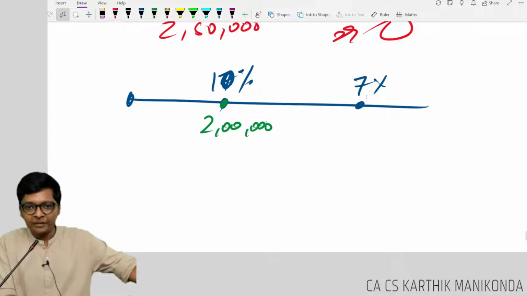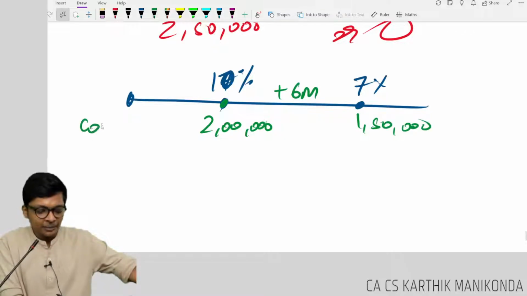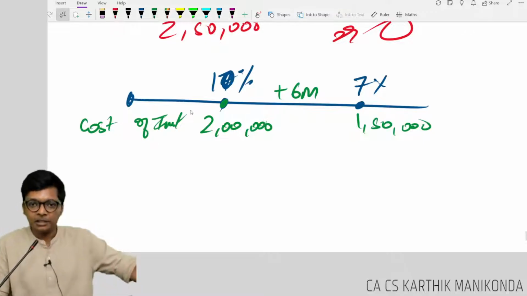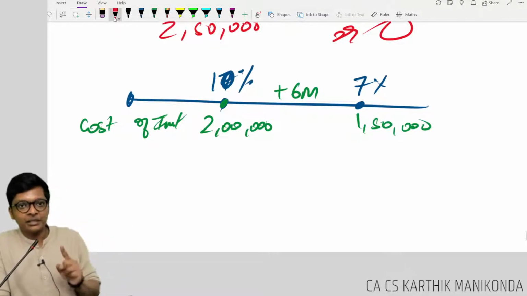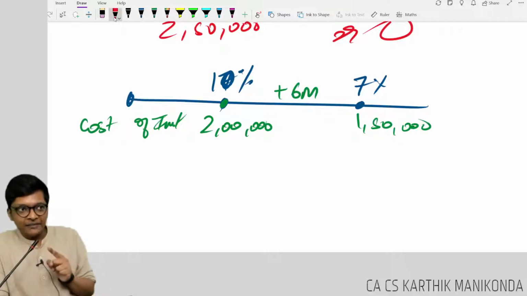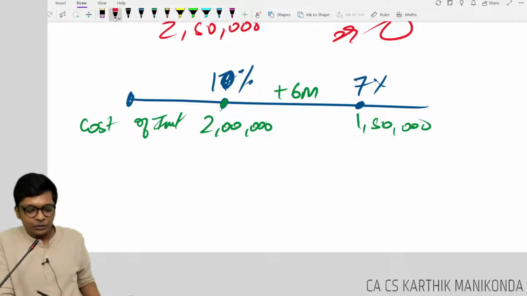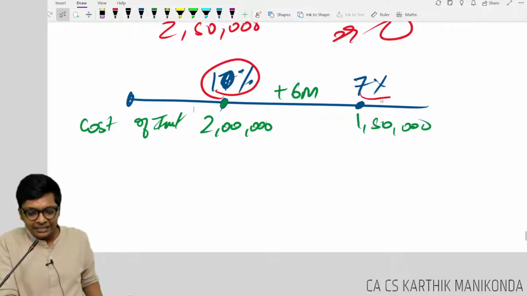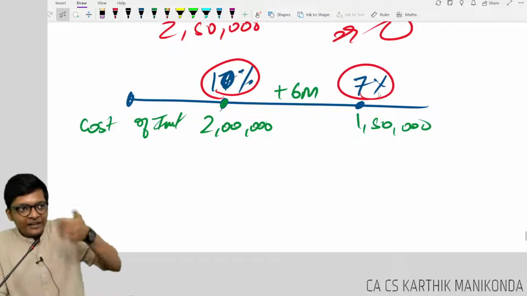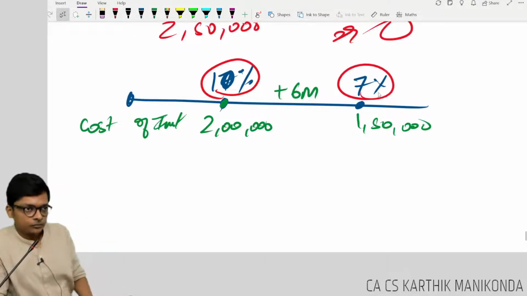I purchased 7% later, let's say after 6 months, by paying 1 lakh 50. This is my cost of investment. See, in all the sums, we had only one date. Here we have 2 dates of acquisition. 10 is one day, 7 is another day. Even if I have 5 dates, same method.